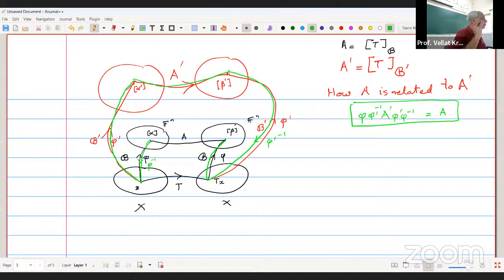So A and A prime are not arbitrary. They are related. They are related by what? See that I can write this as the following: phi prime inverse, this is equal to A prime.